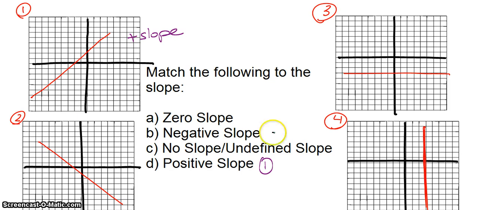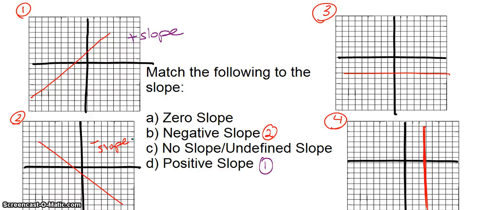Our negative slope resembled something like number 2. So we are falling from left to right with our negative slope, rising from left to right with our positive slope.